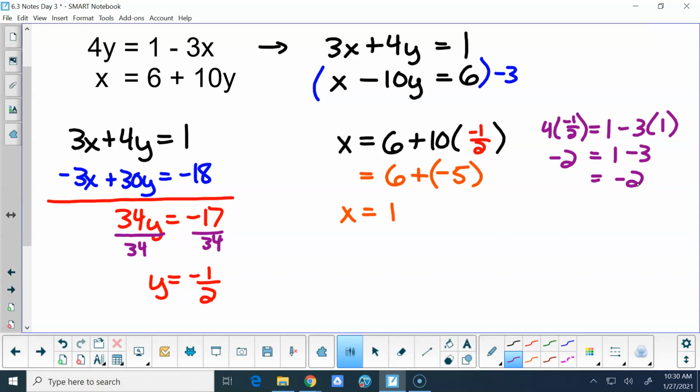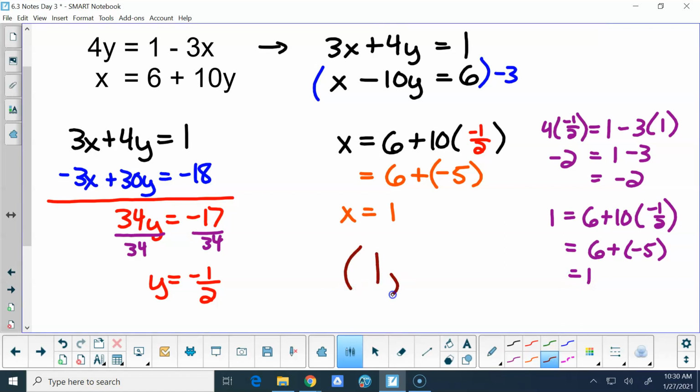So that one checks out. 1 is 1. 6 plus 10 times negative 1/2. 10 times negative 1/2 is negative 5. Negative 5 plus 6 checks out. So the answer is 1 comma negative 1.